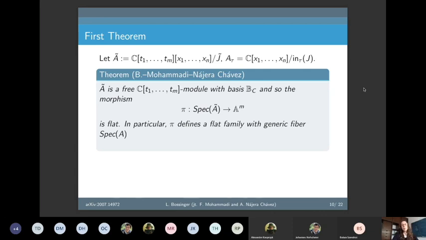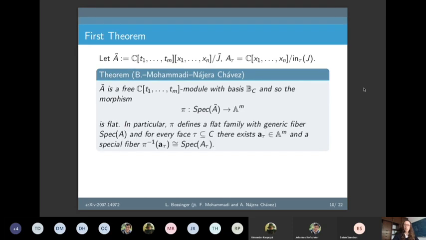The generic fiber of this family is the spectrum of the algebra A I started with, the quotient by J. And moreover, for every face tau of my cone C, there exists an element a tau in A^m, such that the special fiber over this element a tau is isomorphic to the spectrum of the quotient A tau. And these elements a tau are very simple also.